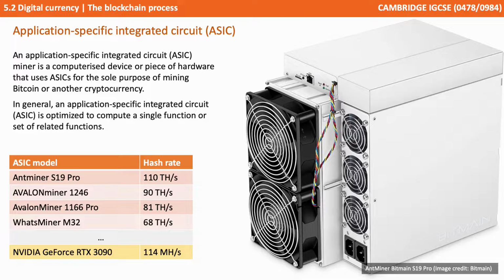We can see from the table here that whereas the most powerful graphics card was able to perform hundreds of millions of hashes a second, some of the best ASICs can perform hundreds of trillions of hashes per second. It turns out there are a lot of performance gains that can be made when you design your integrated circuitry to do just a single task.